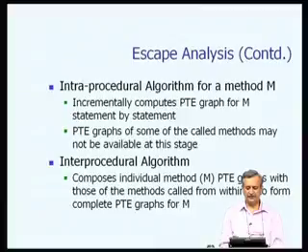PTE graphs of some of the called methods may not be available at this stage. Remember, we are doing intraprocedural analysis, so we are not going to analyze parameters, trace other methods and so on. When we are doing this analysis, obviously some information will be missing, just like when you are doing data flow analysis for reaching definitions.